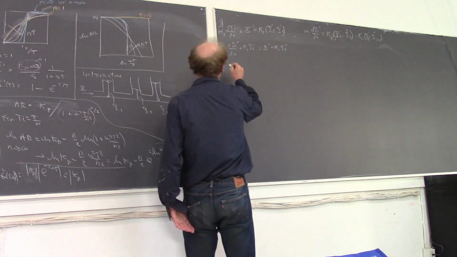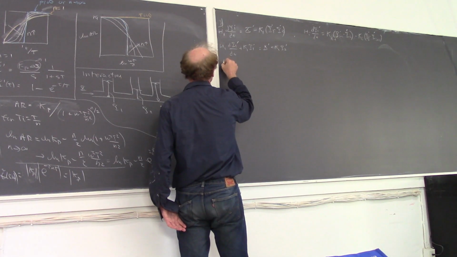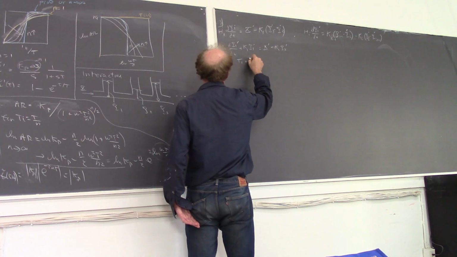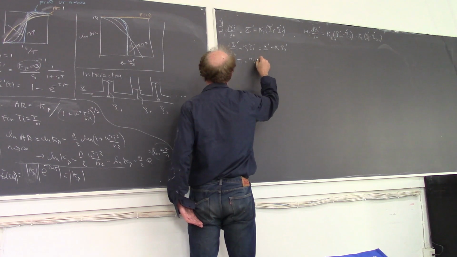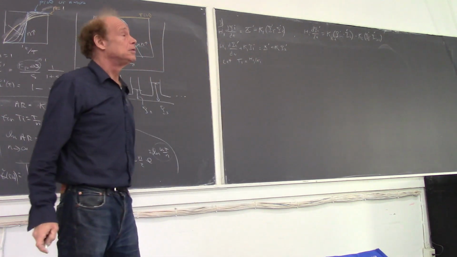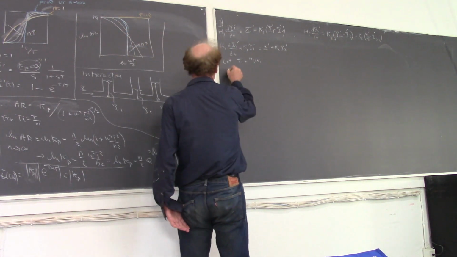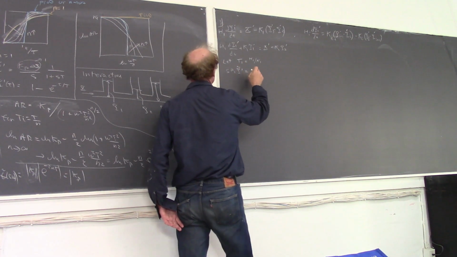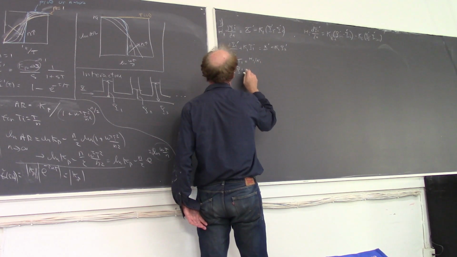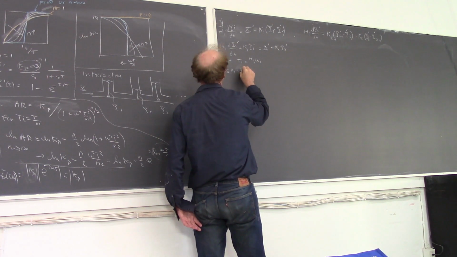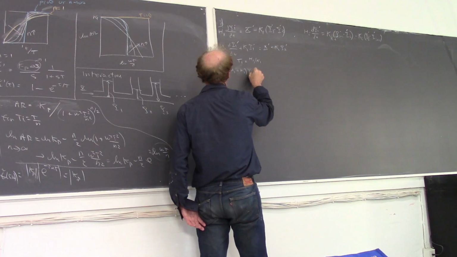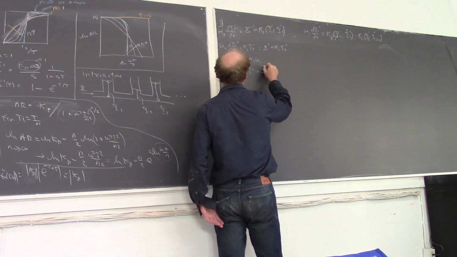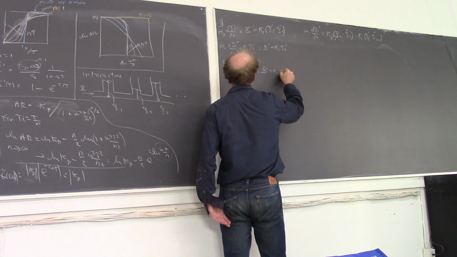And if I rewrite this, I'm going to let T1 be equal to H1 over K1. So then I have s H1 Y1 prime tilde plus K1 Y1 prime tilde is equal to X prime tilde plus K1 Y2 prime tilde.